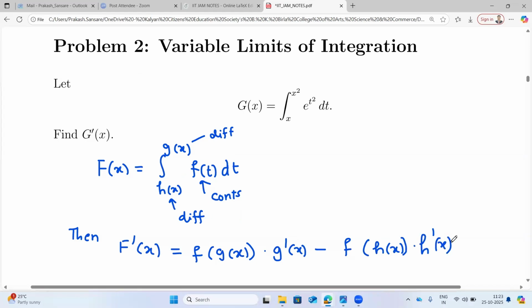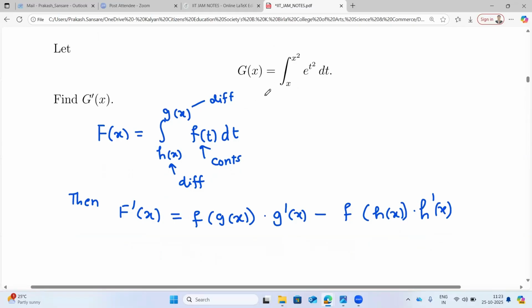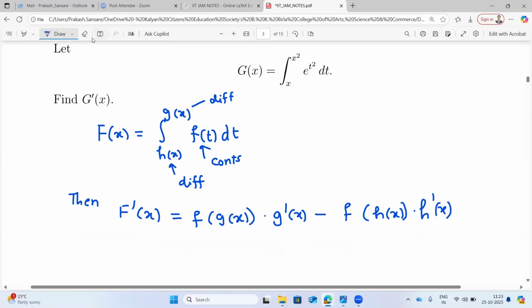I just repeated the Leibniz rule here again. So now instead of f, I have a g. So let me write here capital G, so capital G dash x is equal to this.